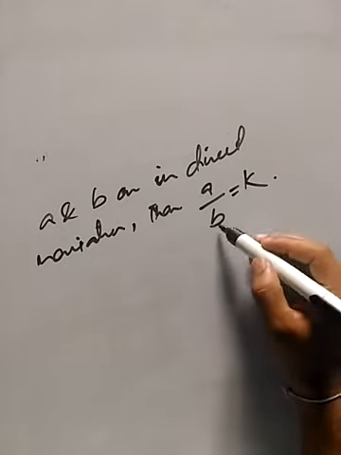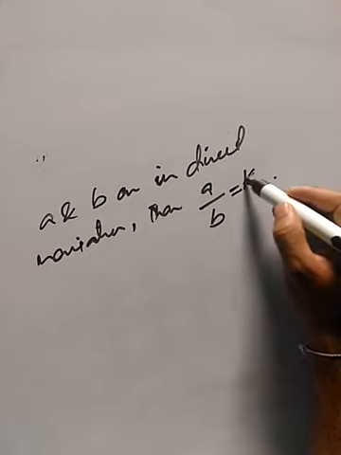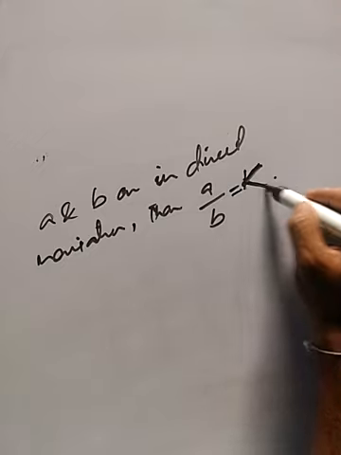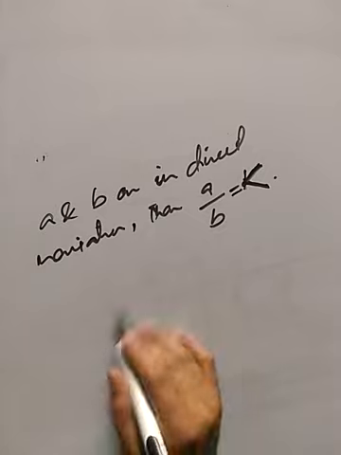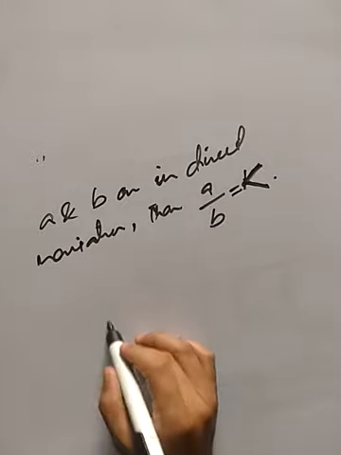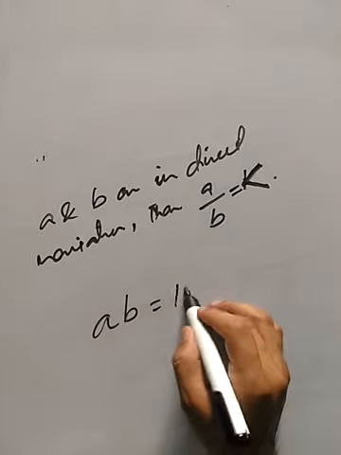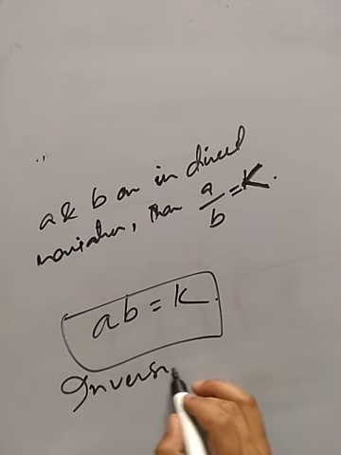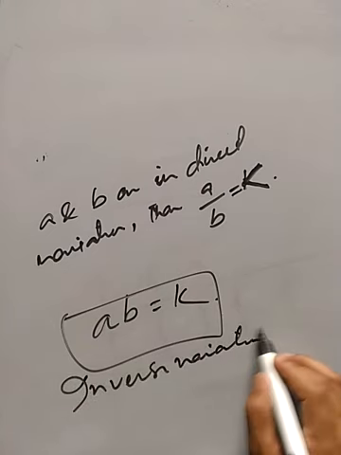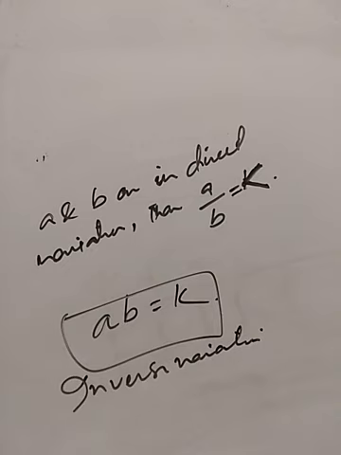When A is divided by B, the value that we get will be the constant of variation. In case of inverse variation, the constant of variation will be given by A into B. Now after this we'll be moving to the exercise. We'll be solving a few questions.